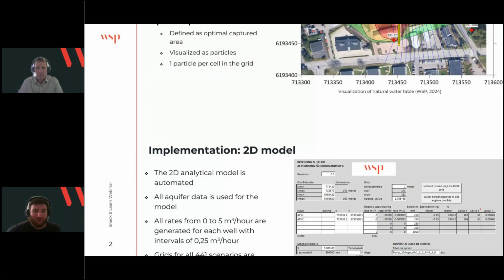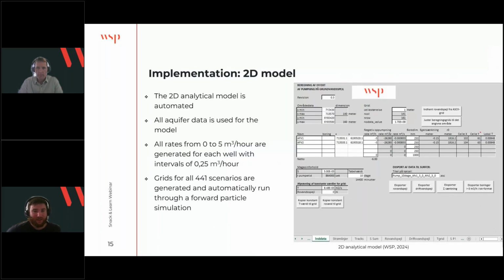So here is what the 2D analytical model looks like. It's actually just an Excel sheet that is automated with macros, and for this project is automated, and the 2D model is a WSP developed model, so it's actually free to use for any WSP employees.